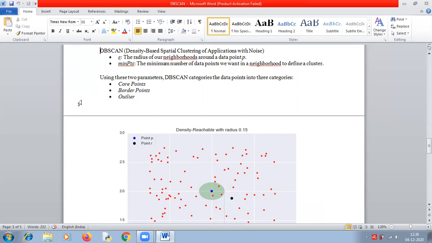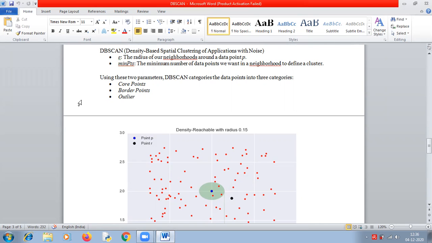Using these two parameters, DBSCAN categorizes the data points into three categories: the core point, the border point, and the outlier. This is a very important step.